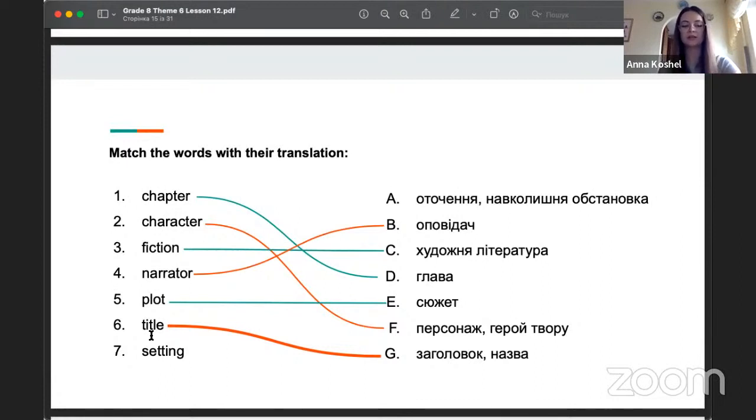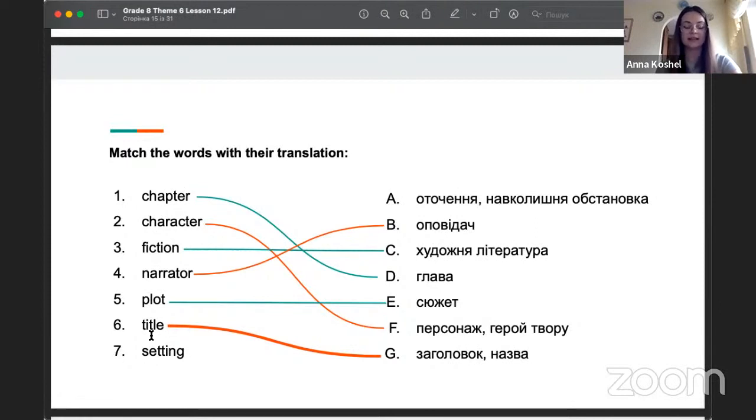Якщо це частина, якщо це глава книги, chapter, вони зазвичай теж мають title. So, chapter 1 – це теж title, це теж назва частини. So, title, заголовок, назва. The book has its own original title. В книги дуже оригінальна назва.